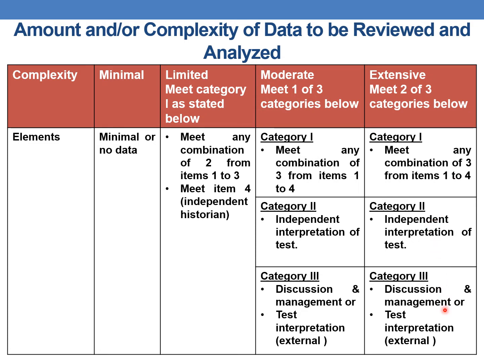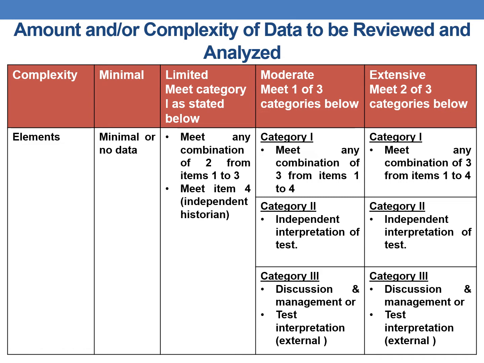In simple words, to be called extensive complexity, the patient must have undergone independent interpretation and discussion of test management, or independent interpretation and 3 elements of category 1 must be met. So 2 categories should be met in order to be called extensive, but only 1 category is necessary in order to be called moderate.